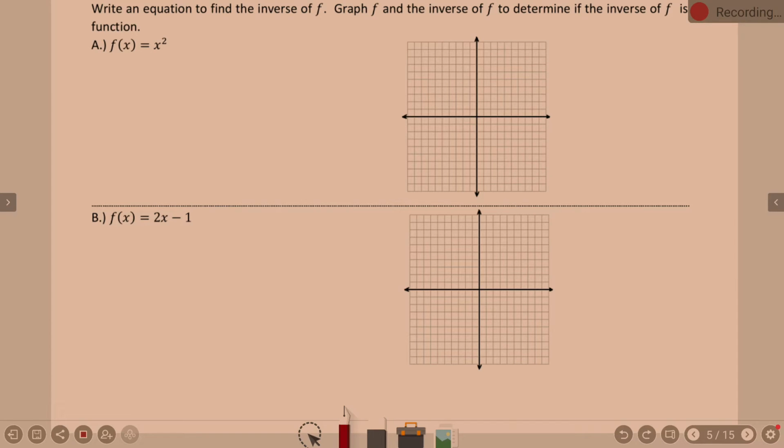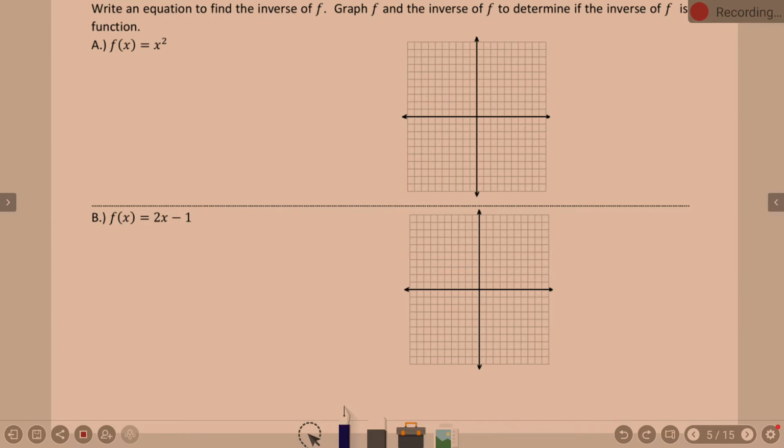In order to find an inverse, we have to be able to switch x and y. Where's y in my equation? Do we know? Yeah.